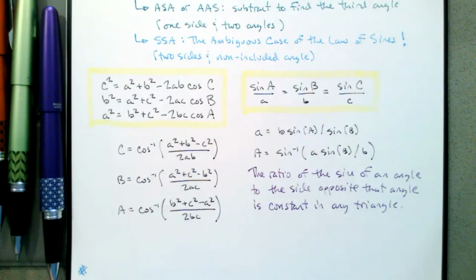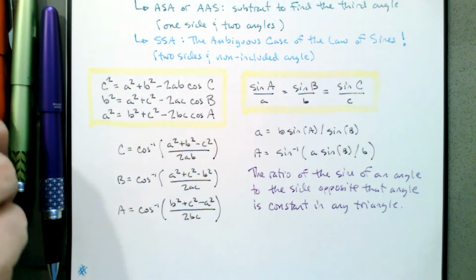If one of our angles is a right angle, let's say angle C is a right angle, then we'll have the sine of 90 over C is equal to sine A over A. Since sine of 90 is equal to 1, we'll have 1 over C is sine A over A. We can solve this for sine A, and we'll get sine A is opposite over hypotenuse. So this works out.